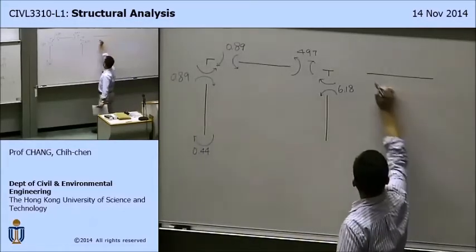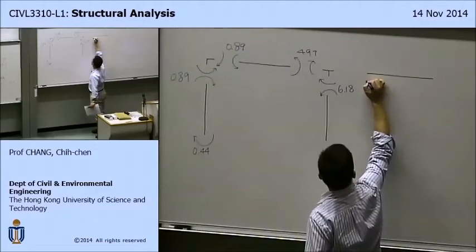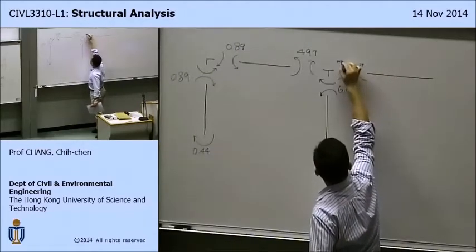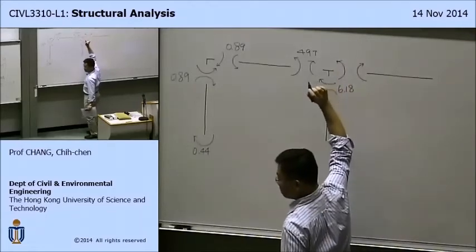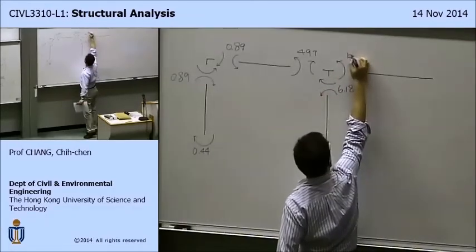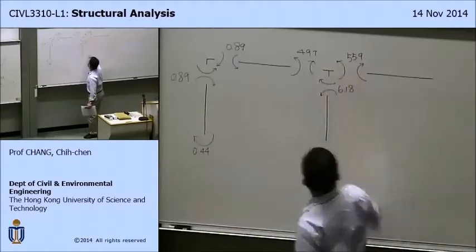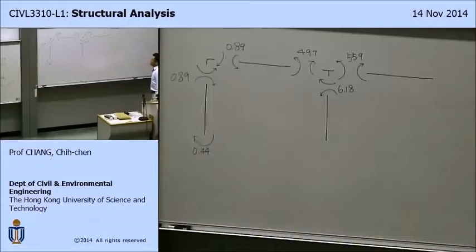Negative on this component means that it's clockwise. So action reactions clockwise. 55.9. So you see that at the joint, there's an equilibrium there. And moment equal to 0 there.